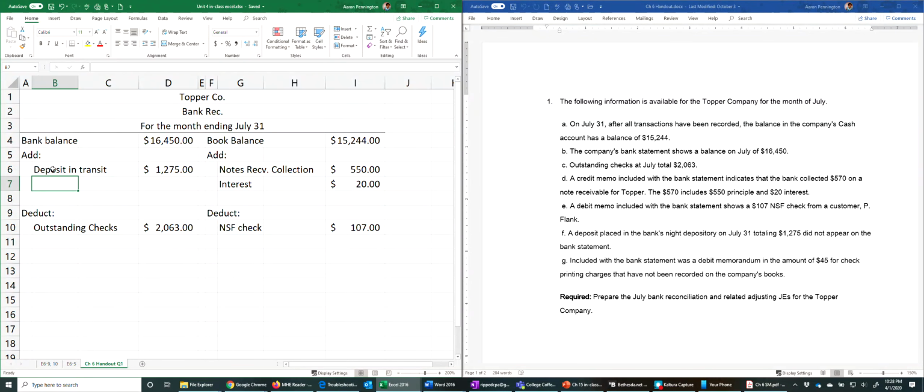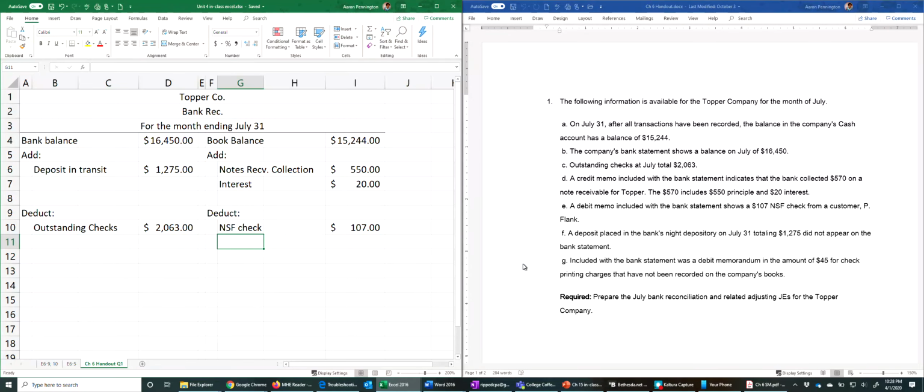We have one last transaction. Included with the bank statement was a debit memorandum in the amount of $45 for check printing charges that have not yet been recorded on the company's books. Again, a debit memorandum means the bank has taken money from your account.